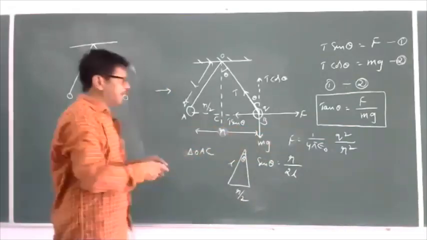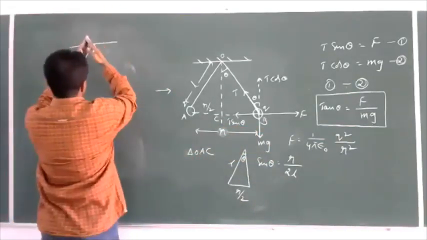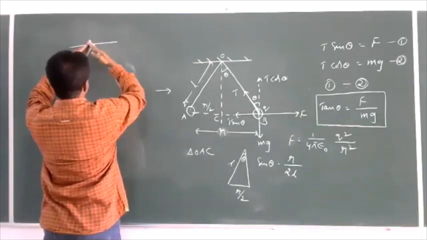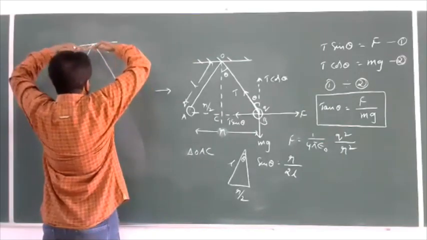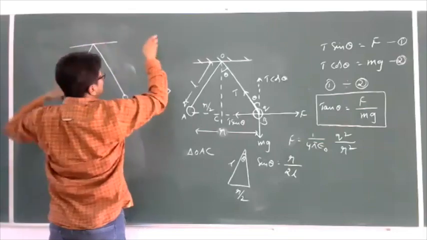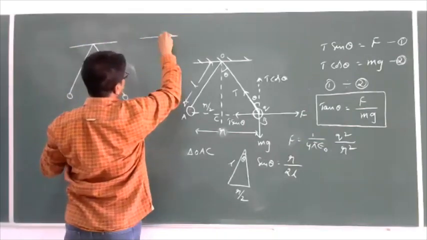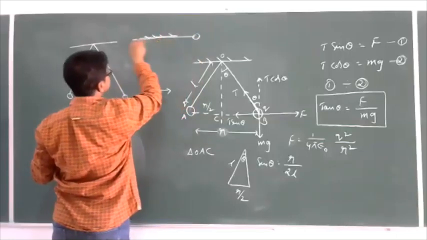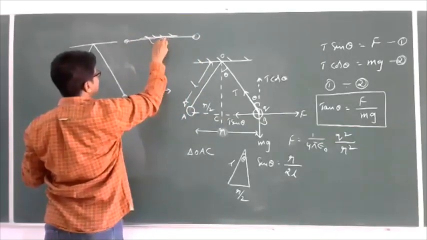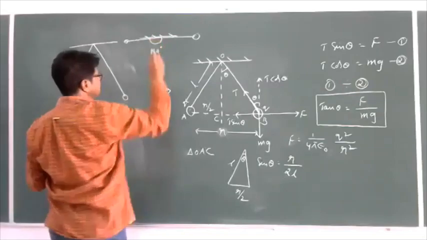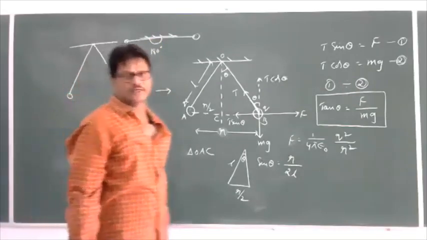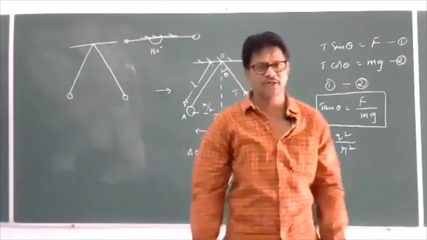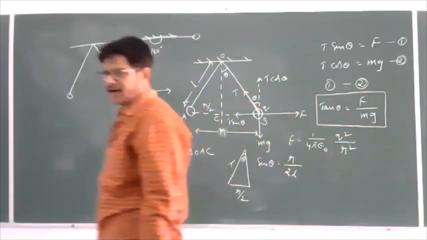If there is no weight, these two bodies repel and they will go like this. That means the angle between the two strings now becomes 180 degrees.